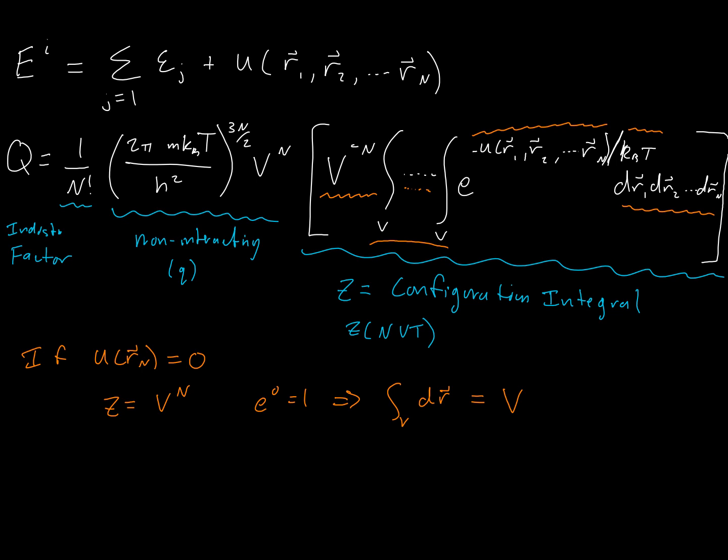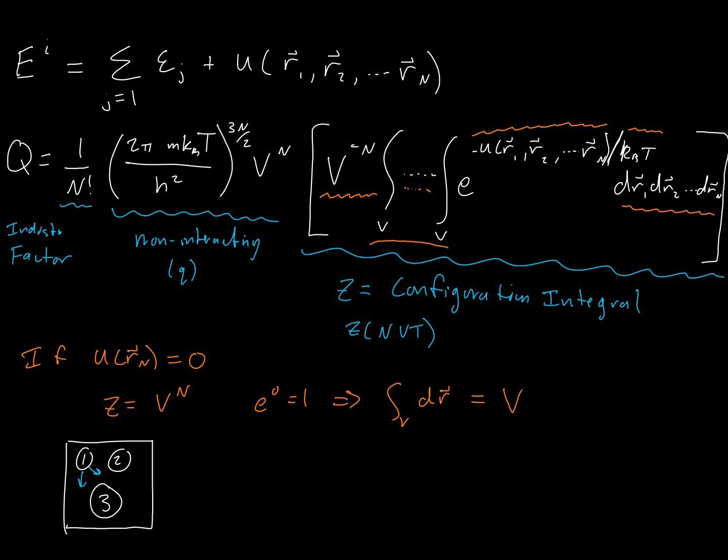So for example, if we have a system of, let's say, 1, 2, 3 particles, what we have to do is move particle 1 to every possible configuration of the system while keeping particles 2 and 3 constant.